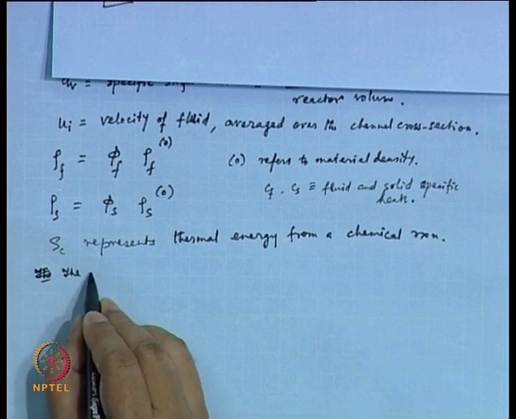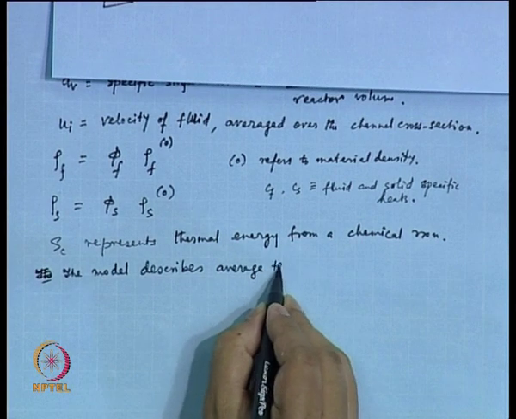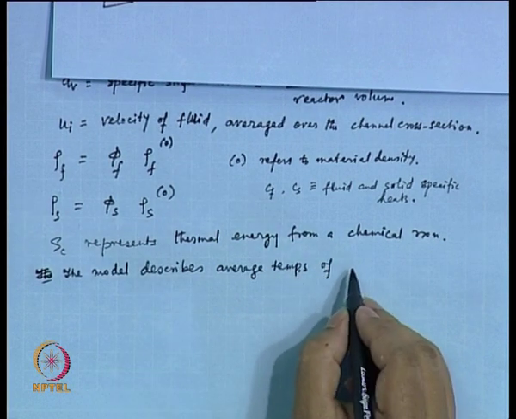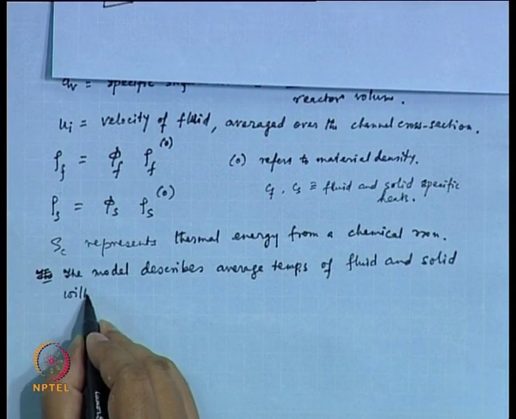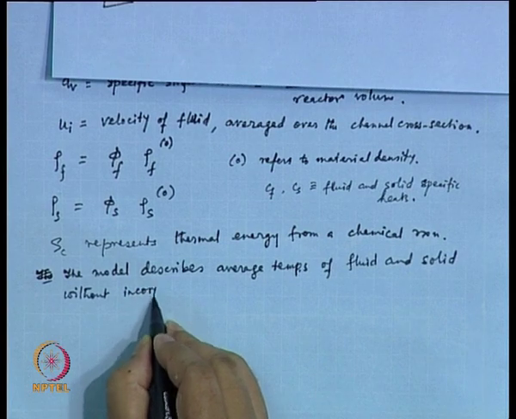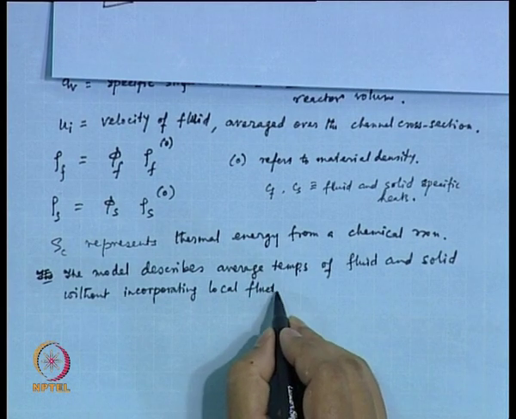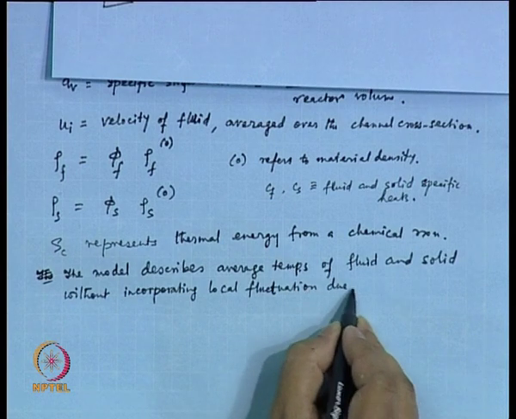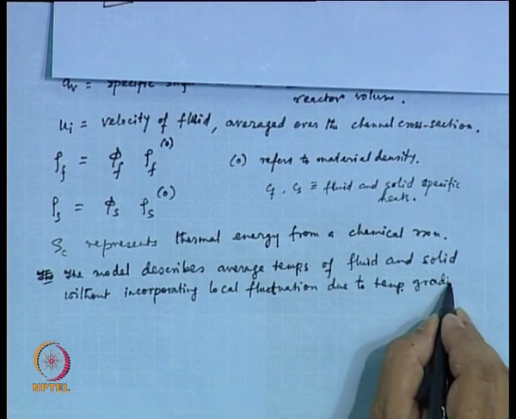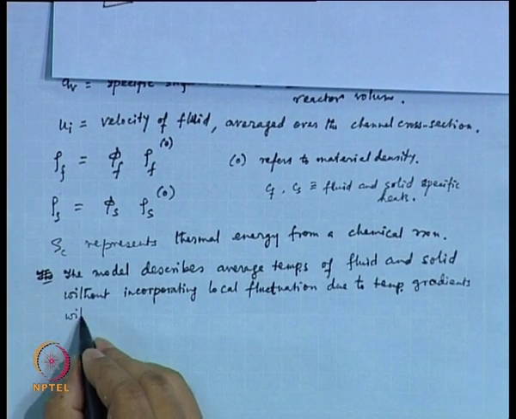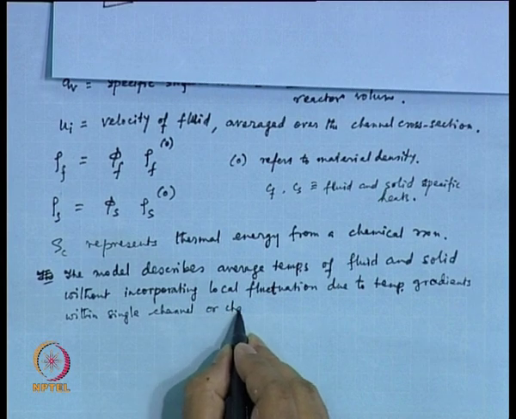So, the model describes average temperatures of fluid and solid without incorporating local fluctuations due to temperature gradients within a single channel or channel wall.